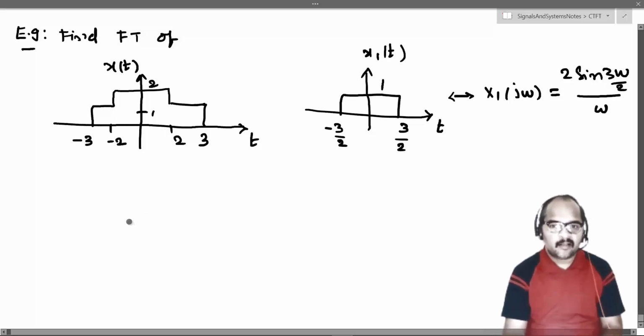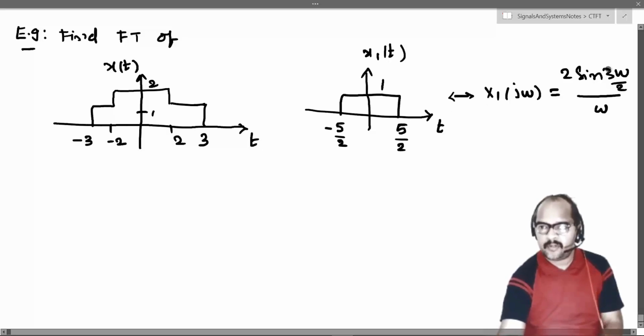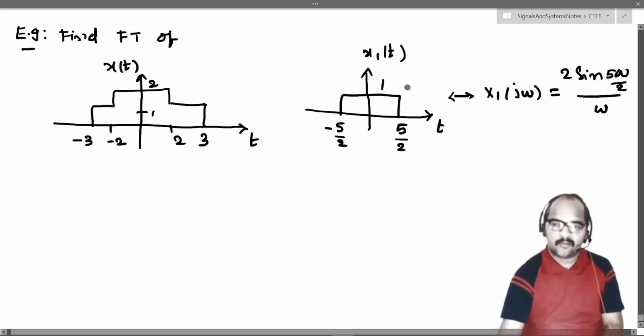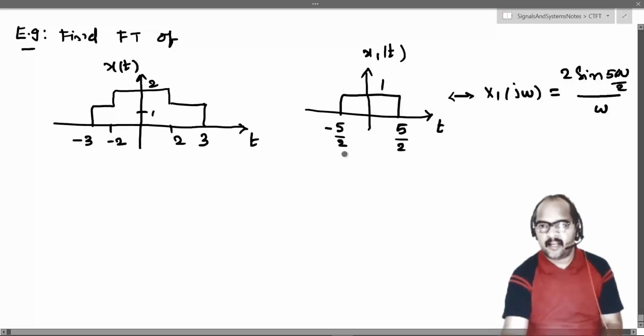I'll take from -5/2, not 3/2, from -5/2 to +5/2. Okay, sorry for that. So let us consider this signal x1 of t. It's a rectangle from -5/2 to 5/2 with Fourier transform 2 sine 5 omega by 2 over omega.